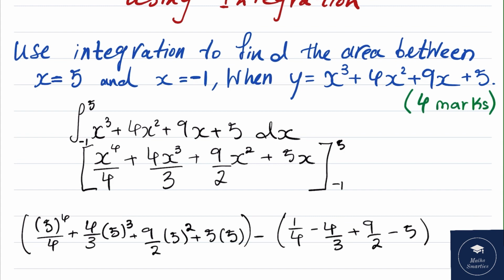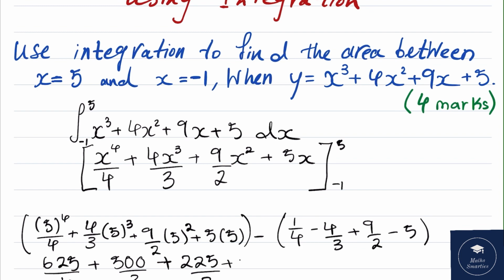This one is 625 over 4 plus 4 over 3 times 125, which is 500 over 3, plus 25 times 9 over 2 is 225 over 2, plus 25.